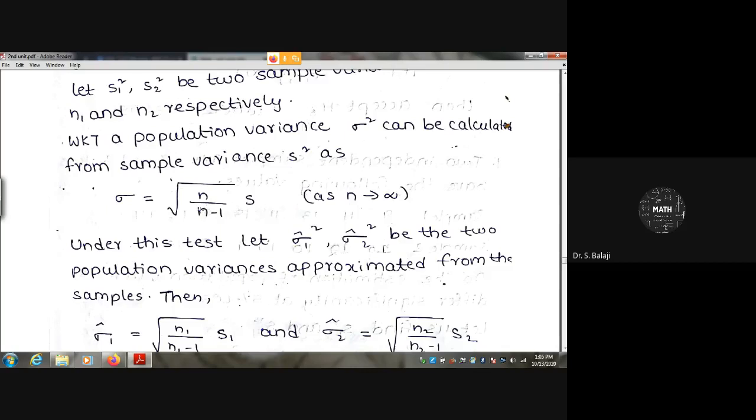N tends to infinity means we can take n as a common element, then 1 by 1 minus 1 by n approximately coincides with 1, so it coincides with the population variance. That is the idea.